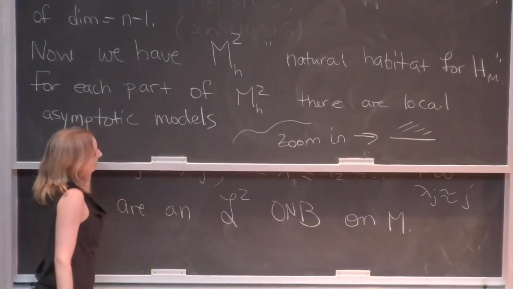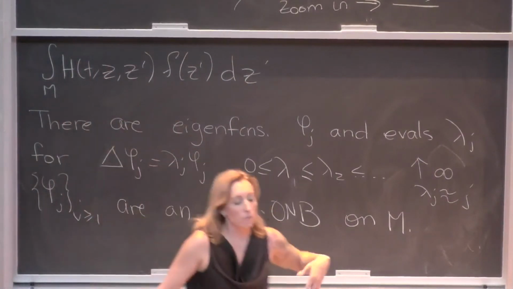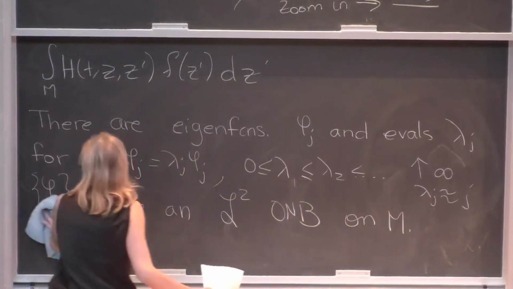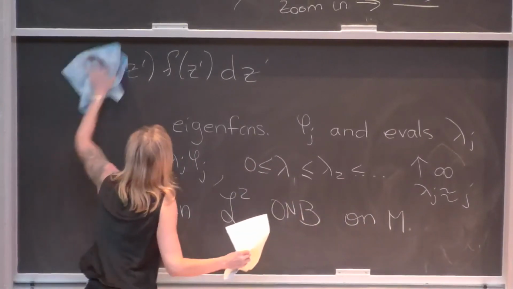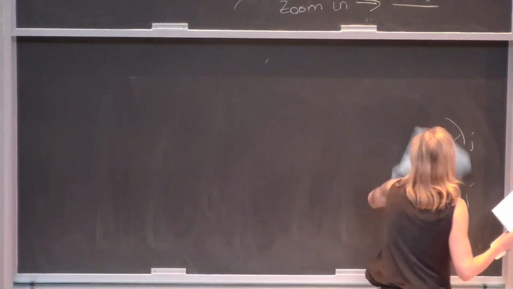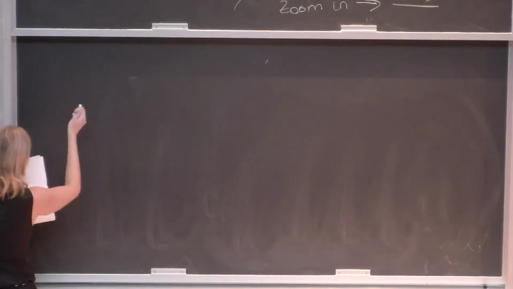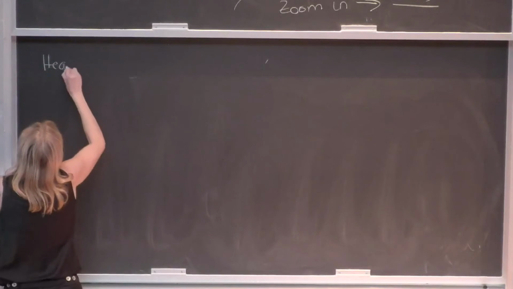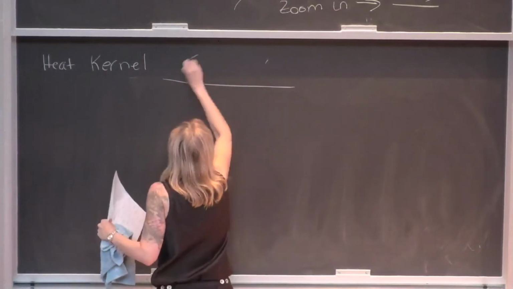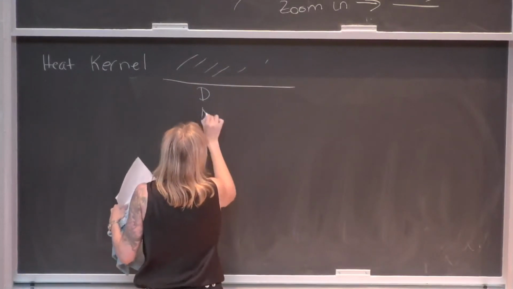So for the edges away from the corners, I will use the model of half space, okay? And so we can write that model explicitly down. Dirichlet or Neumann.